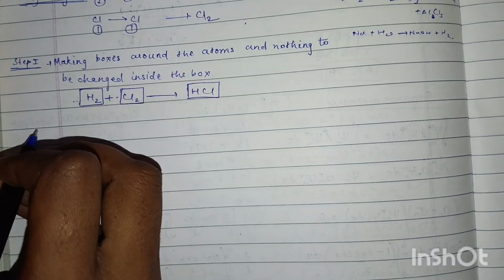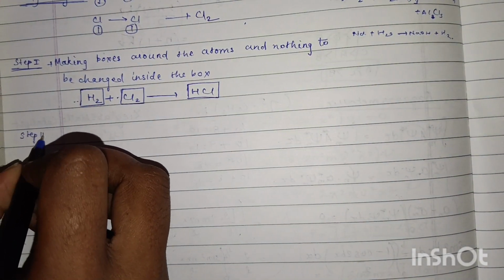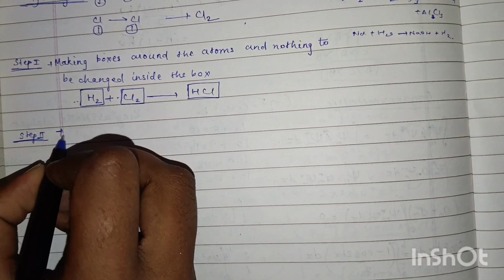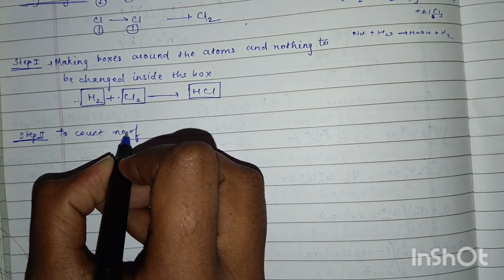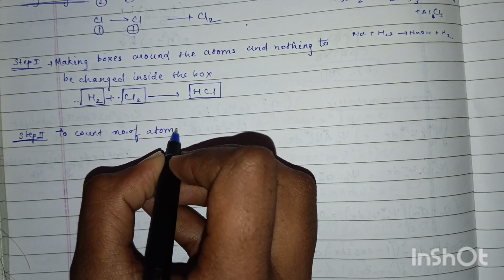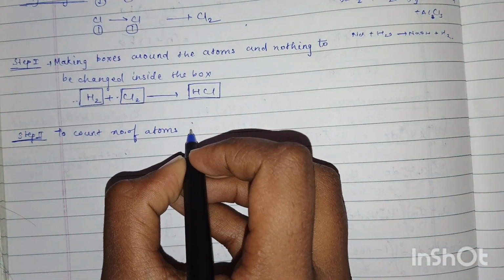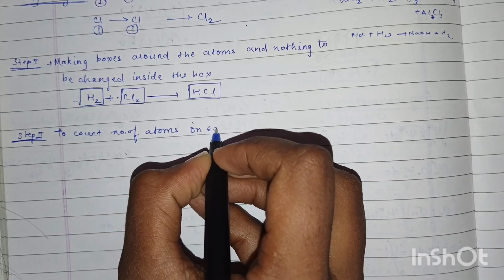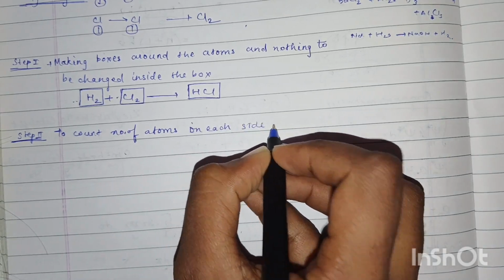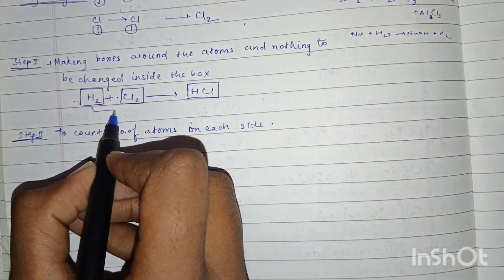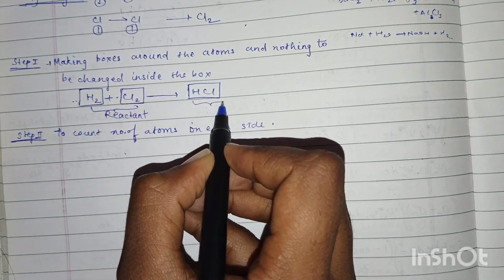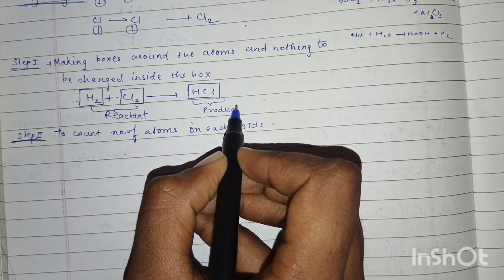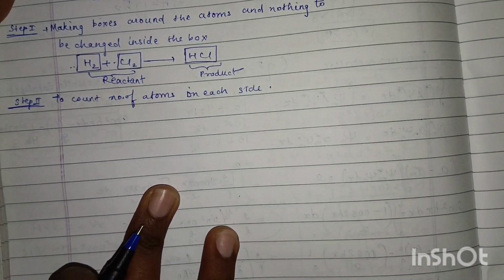Now the second step is to count the number of atoms on each side. This side is called the reactant and this is called the product.